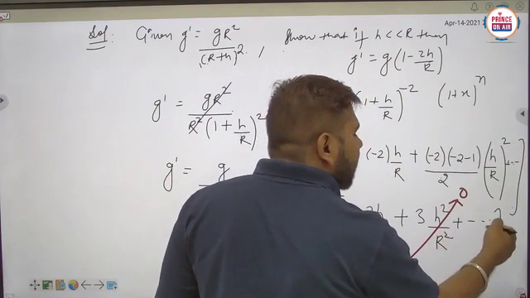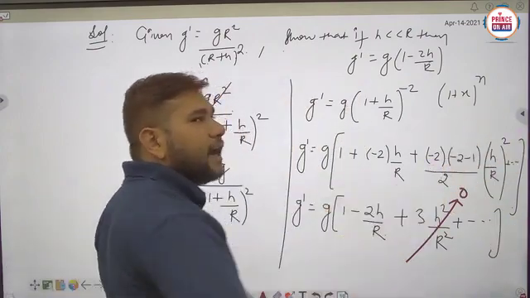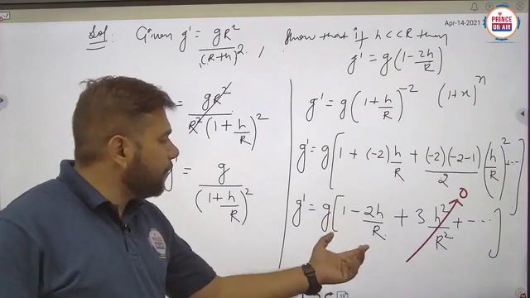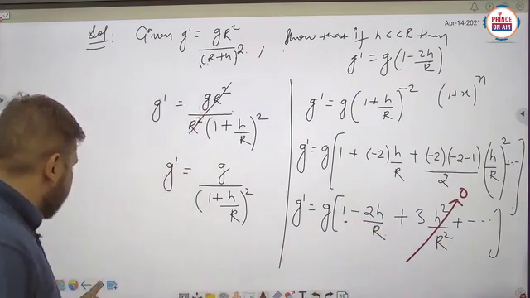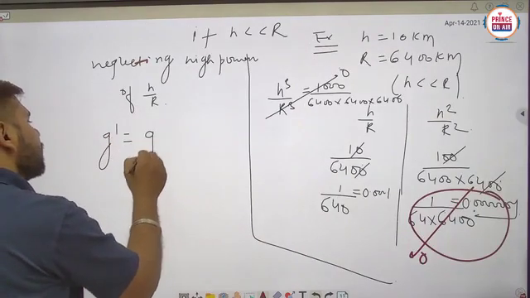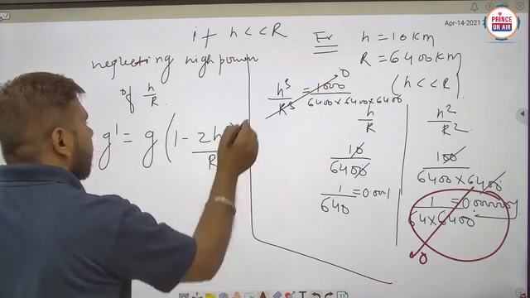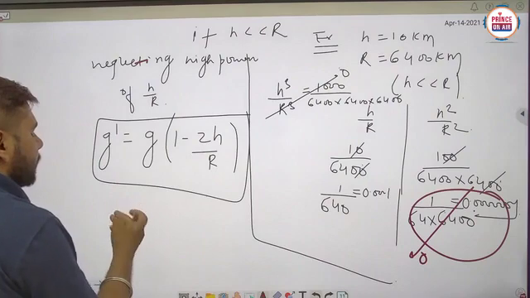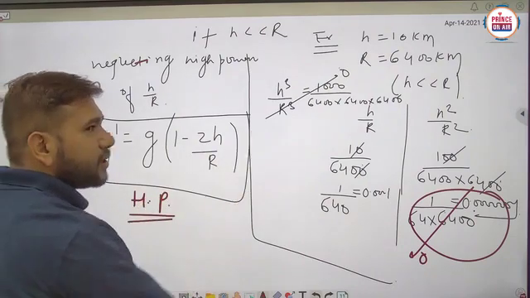The next term will be h cube upon R cube, and that term will be 0. So neglecting all the high power terms, Z dash equals Z into 1 minus 2h by R. Hence proved. Beta, hence proved. Clear to all of you?